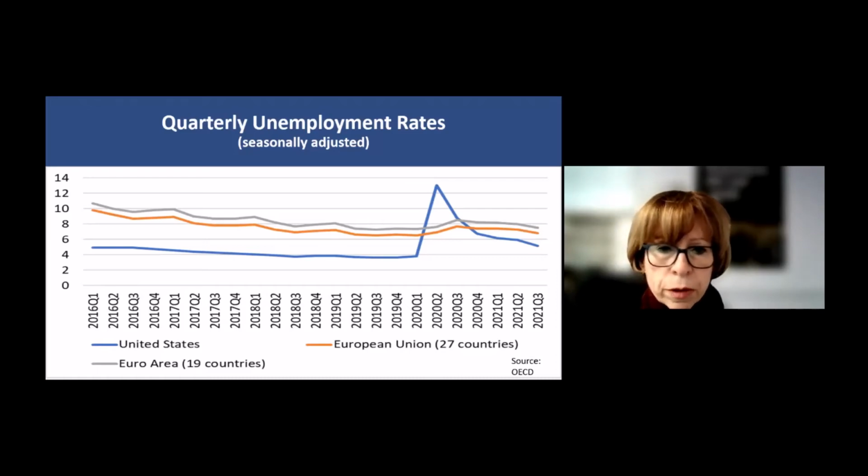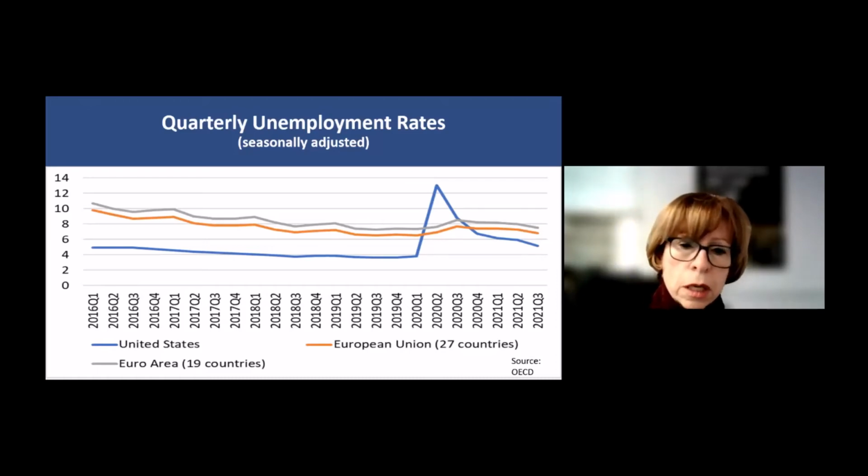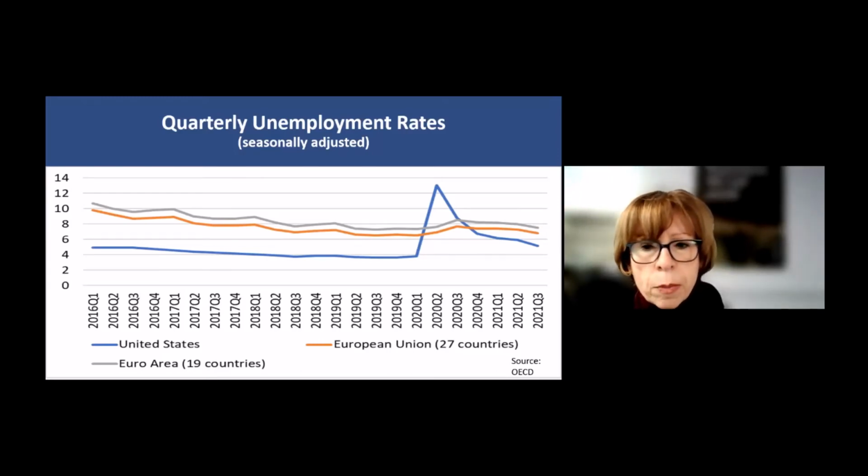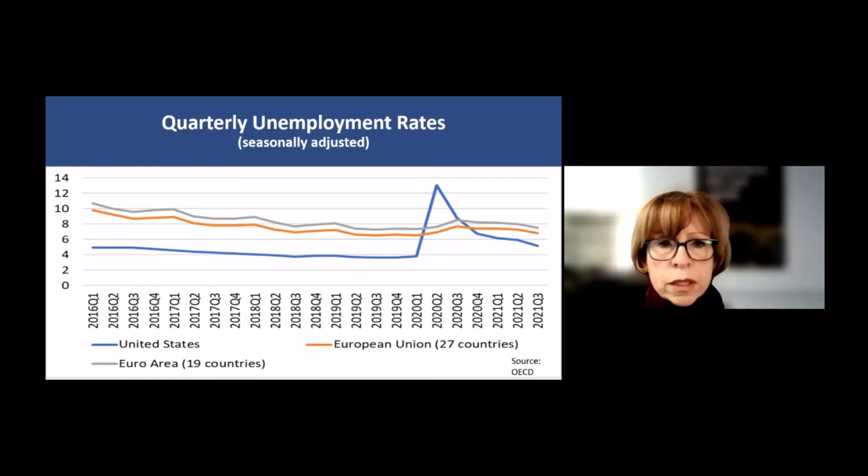They were on a slight downward trend up until the pandemic. And you can see that there was a real spike in unemployment in the US related to the fact that with the closures, firms laid their workers off and then they applied for unemployment benefits. In Europe, there's less of a tendency to lay people off.